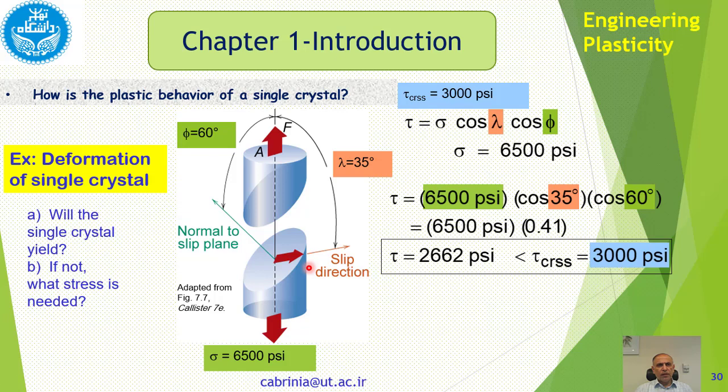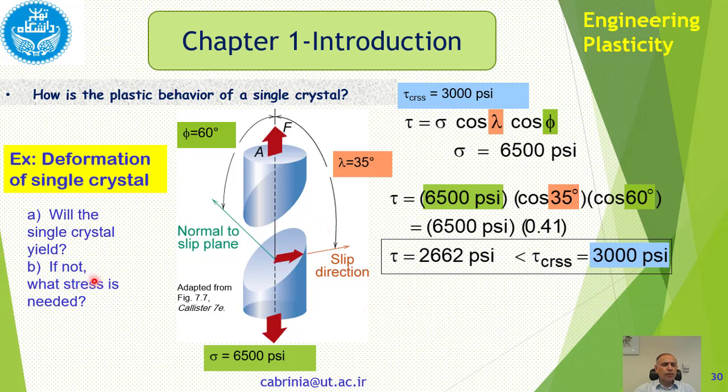So the only reason we have plastic deformation is because of shear stresses and because of the slip which occurs in the atomic planes, right? So because this tau r resolved shear stress does not reach the critical value, no slip occurs here.